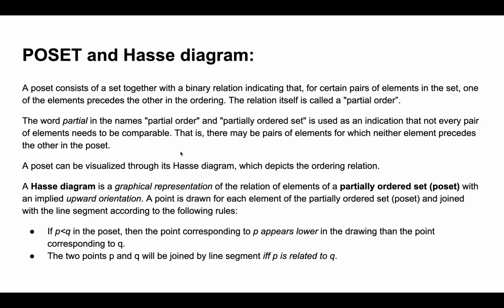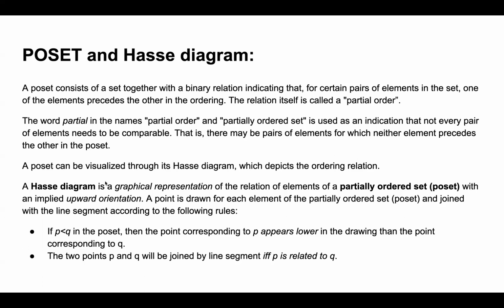Again, when partial ordering is there, depending on the binary relation, the ordering may be changed. That's why it is called a partially ordered set.